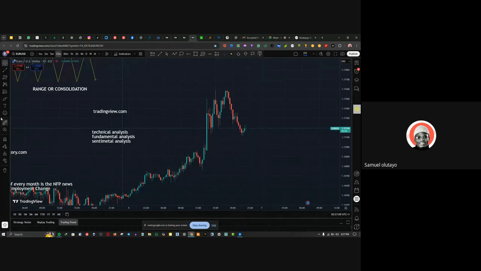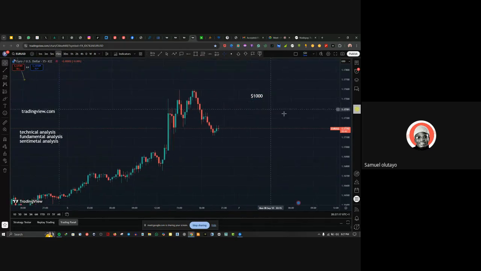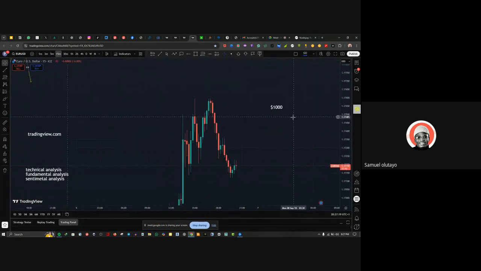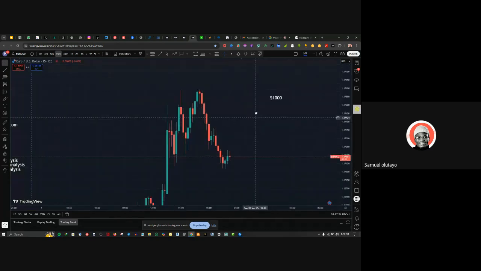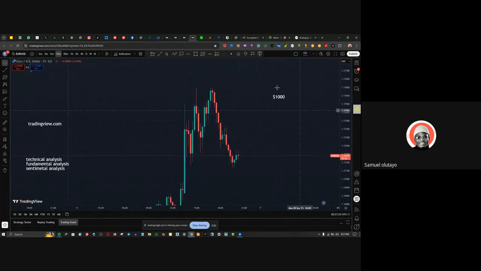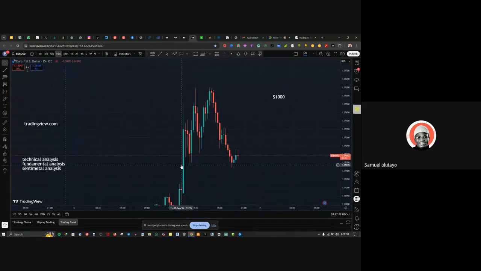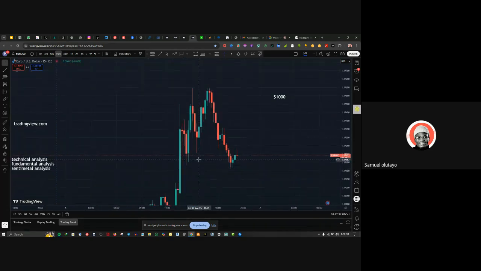Say for instance, you have $1,000 capital. If you want to enter a trade in the market, you would need to risk a part of this capital as your stake, or as your risk on that particular trade. And you are risking that in order to get a particular percentage from the market. And if the market does not go your way, you'll be losing that percentage.